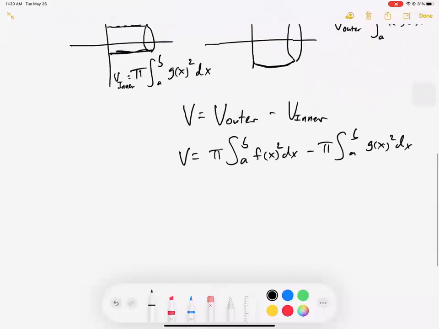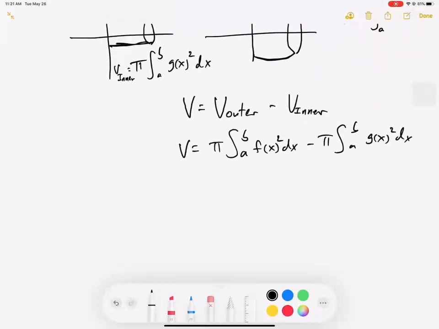Now, this formula is a basic rough draft of what we're doing. So I'm going to use some algebra too. Now I'm going to combine this together and use some identities. So the volume of our washer, do you see how they both have a pi? Let's factor that out. Pi in the front, and we're left with the integral from a to b of f of x squared dx minus the integral from a to b of g of x squared dx.